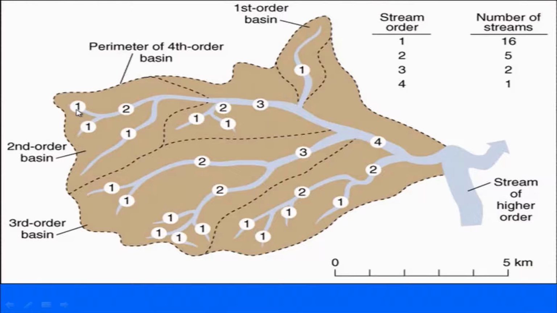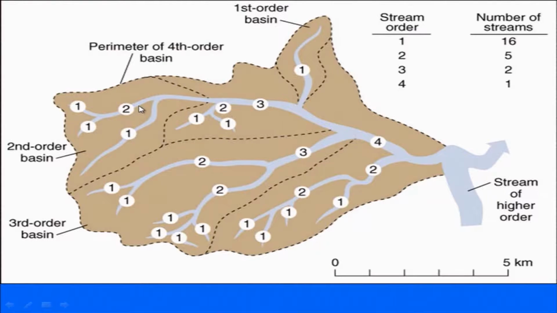Two smaller streams at the location of the source or origin, when they join, result in the formation of a second order stream. When one second order and one first order join, it results in the third order, and when a third order and a second order join, or two third order streams join, it results in the formation of the fourth order.